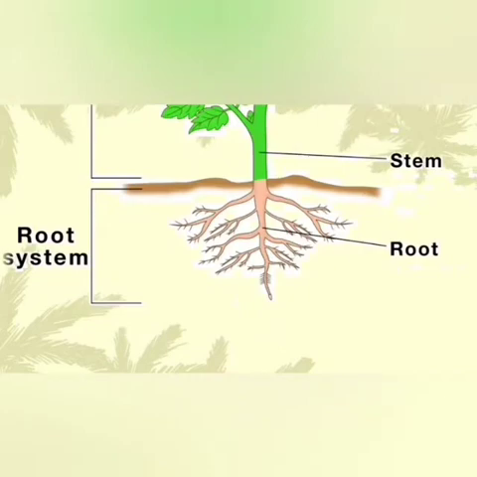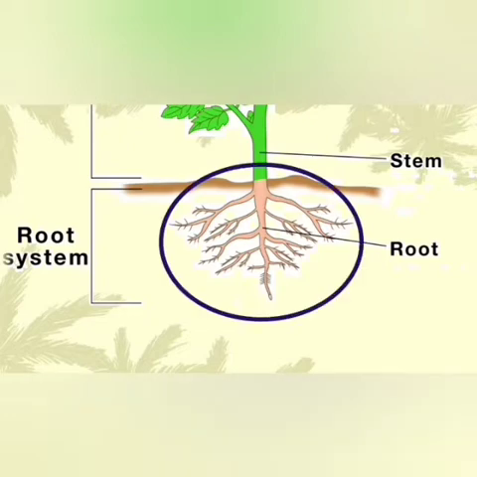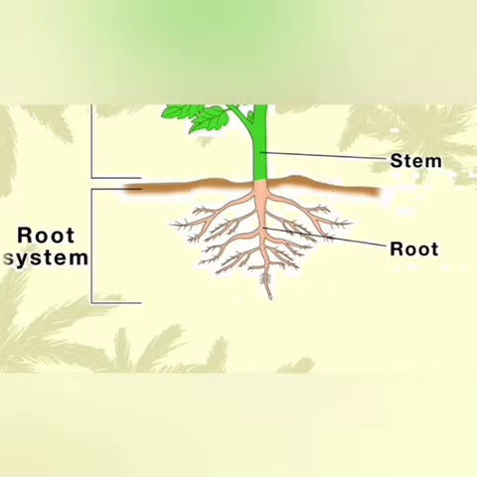Root system. The bottom part that is under the soil is called the root system. Look here kids. These are the roots. They grow under the soil. Roots help the plants to stand firmly in the ground. They also help to absorb water and nutrients from the soil.